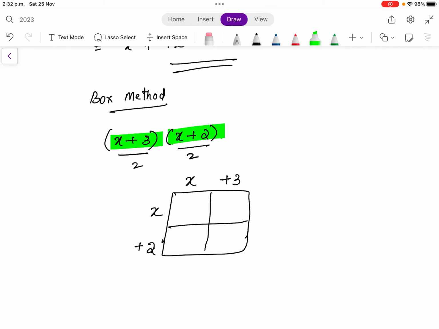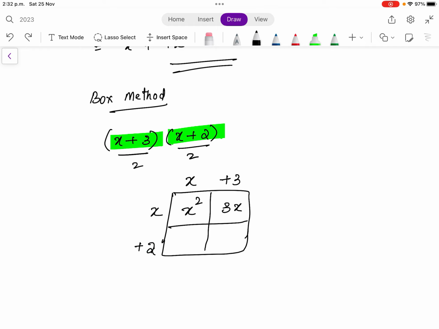Now I multiply this and this and write it over here. So it will be x times x, which is x square. Then I multiply this and write it over here. That is 3x. Then I multiply this and write it over here.